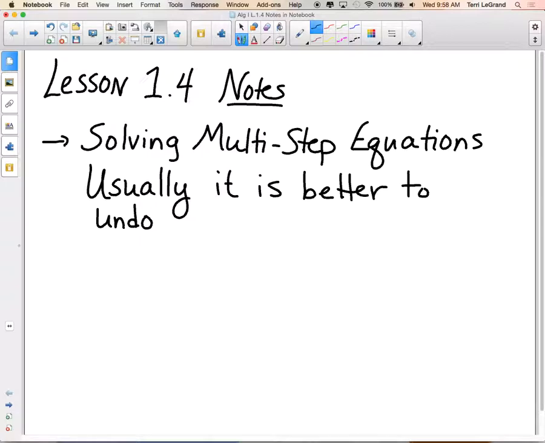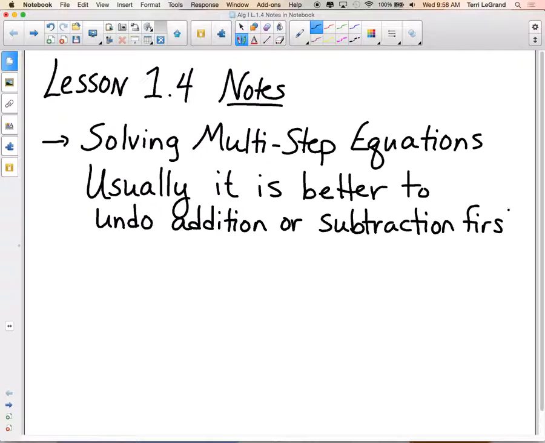So usually it is better to undo addition or subtraction first, and then go about doing what needs to be done next, okay? So usually, I'm not saying you have to, but I'm sure going to try and make your life easier, okay?